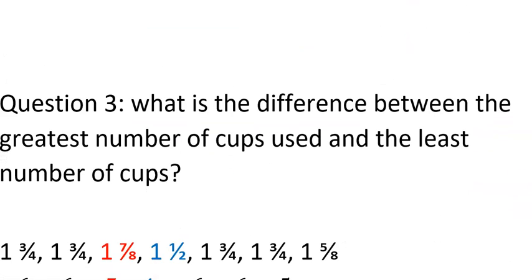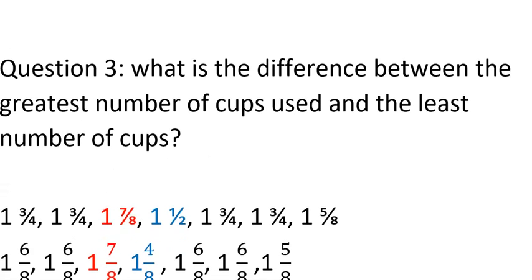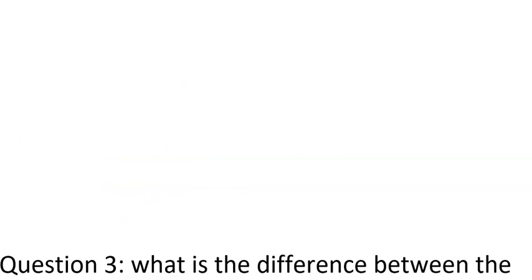Question 3 is: what is the difference between the greatest number of cups used per chef and the least number of cups? From our data, you will see that the greatest number is 1 7/8 and the least is 1 1/2. If you don't get it from the data, then go back to your line plot.